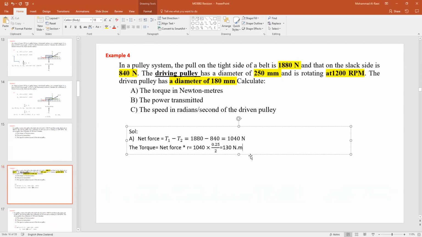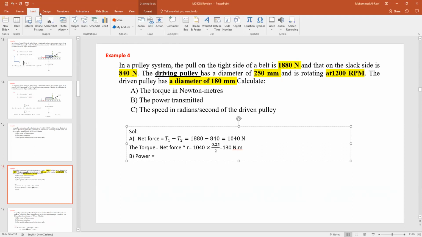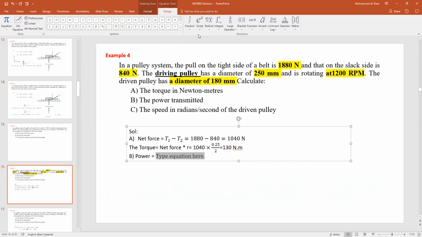Now, the second part of this question wants you to calculate the power. So part B, power is in watts. If you have the formula sheets open with you, it will help you a lot. But if you don't, I'll write the equation here for you.